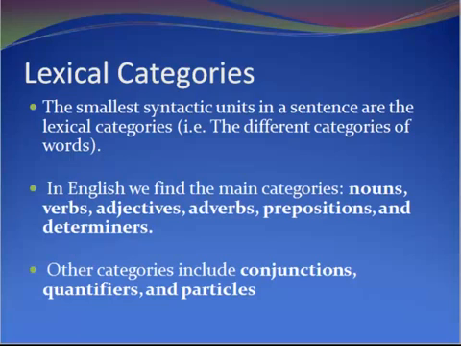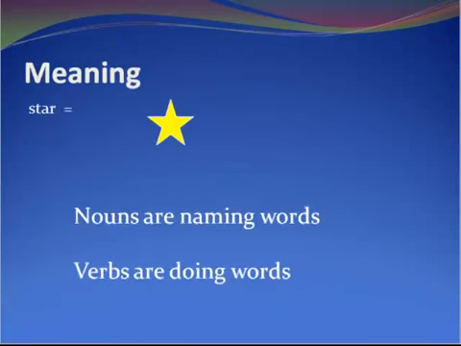Now when you think about the words in sentences, the normal thing is to think about the meaning of the word. So if you take a word like star, then it means something like this picture. And usually when you've been taught grammar in school, you may well have been taught what the categories are in terms of their meaning.